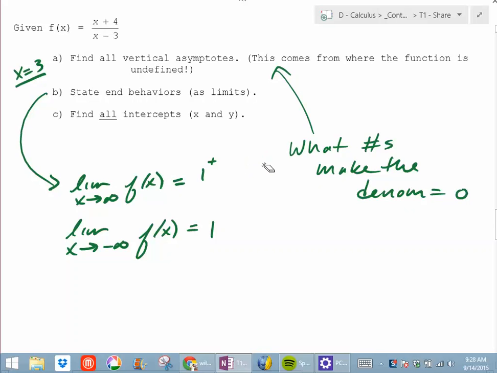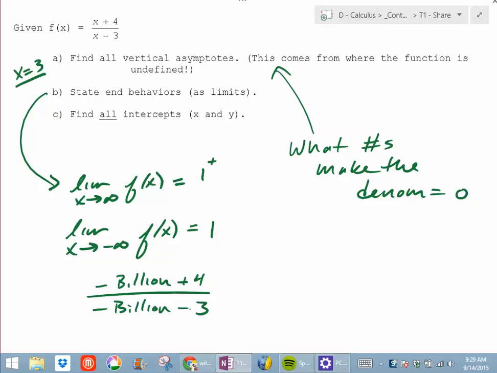You have to be careful, because when you're going to negative infinity, you're going to have negative a billion plus 4 over negative a billion minus 3. It's really close to 1, right?